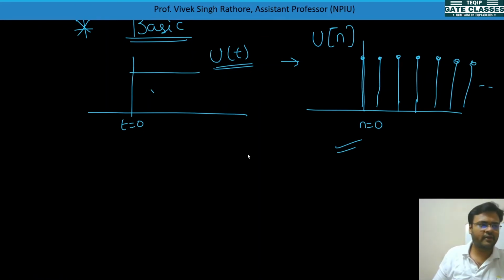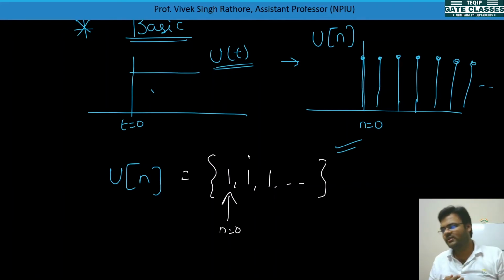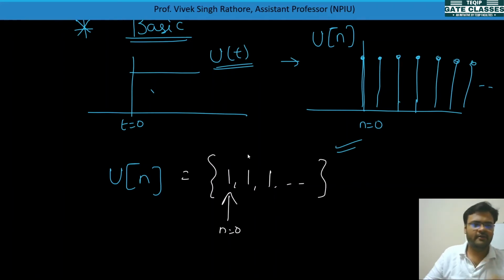So u of n can be mathematically written as 1, 1, 1, and so on, with the arrow at n equal to 0. Mathematically it can also be written as 1 for n greater than or equal to 0, and 0 for n less than 0.